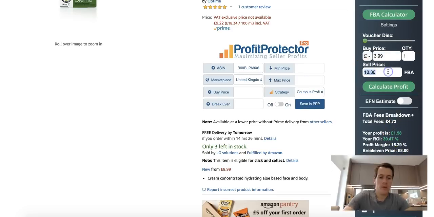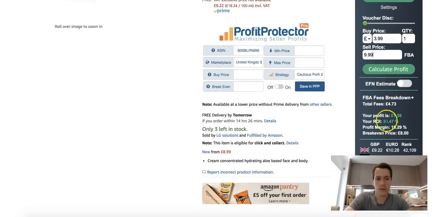So what we're going to do is lower this price to 9.99. Okay, ready? So you can see 39, just under 40%, and £1.58. Click it. See what happens. You can now get 51.65% return. ROI, sorry, and £2.06.